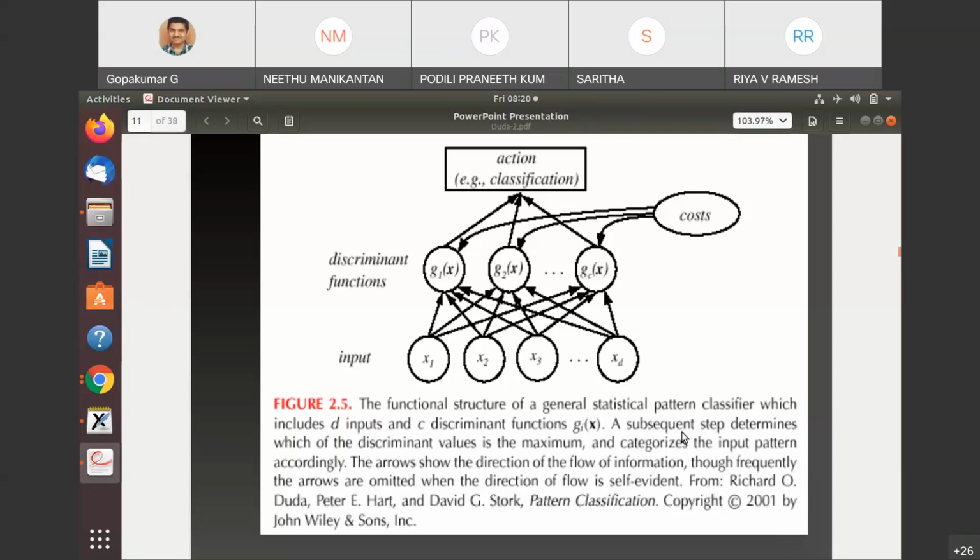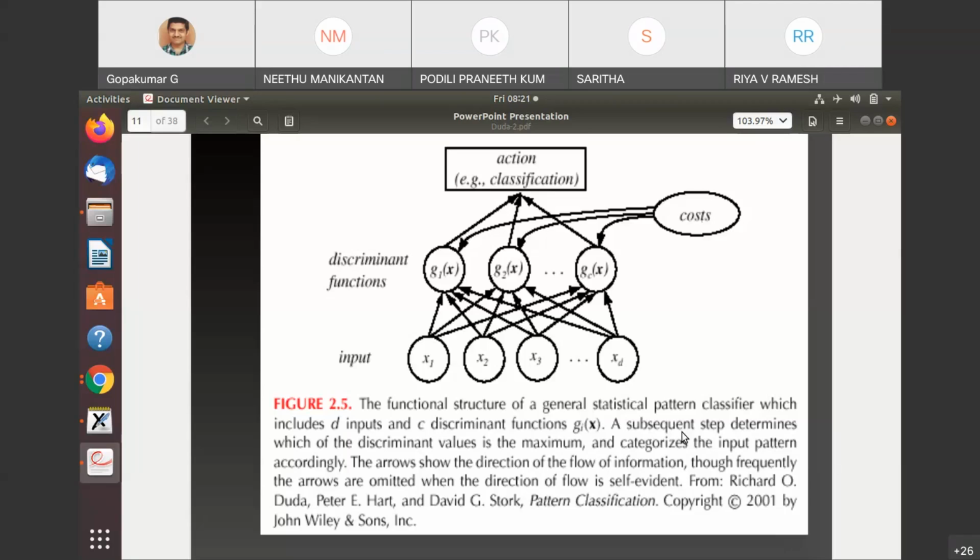So we have a d-dimensional input vector, the capital X, whose components are x1, x2, etc. up to xd. And suppose that we have c discriminant functions corresponding to each of the classes. And then we have the action, which is the classification task.